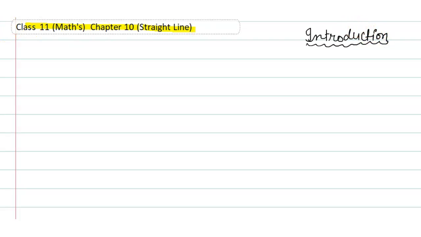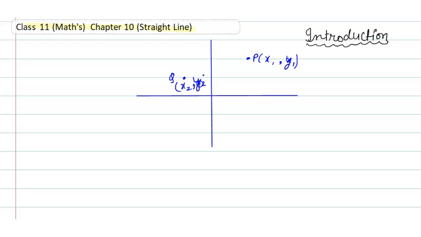Okay. Now first you see that here are the x-axis and y-axis. Here is a point P having coordinates x1, y1, and here is a point Q having coordinates x2 and y2. Now find the distance between them.